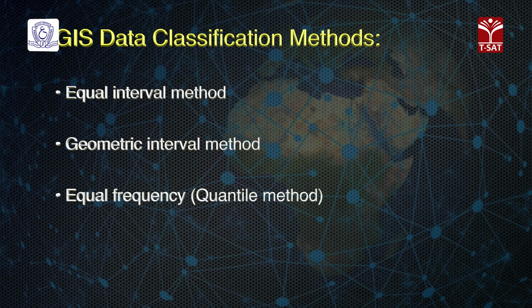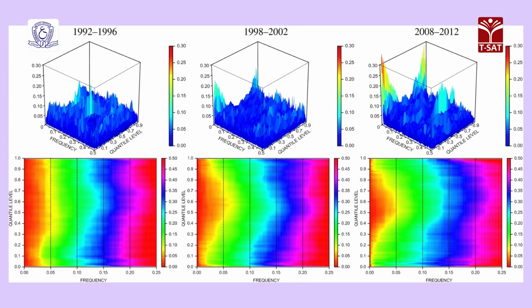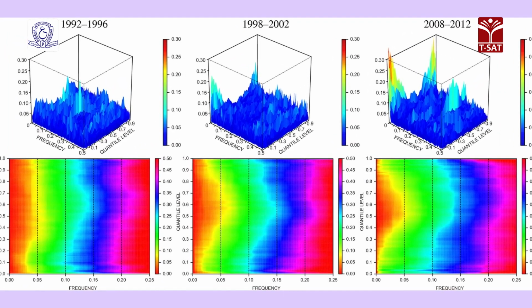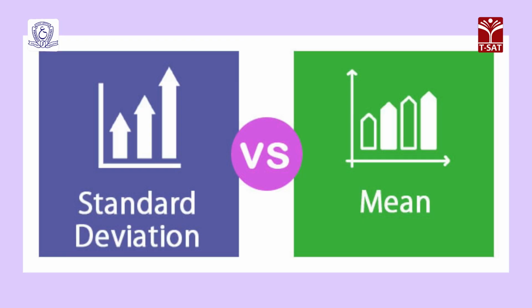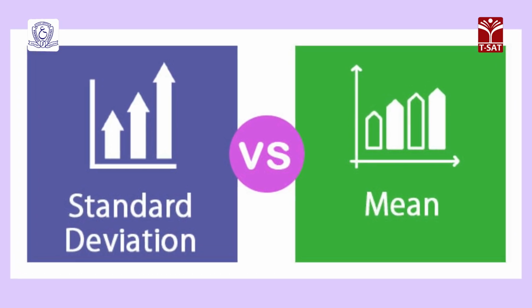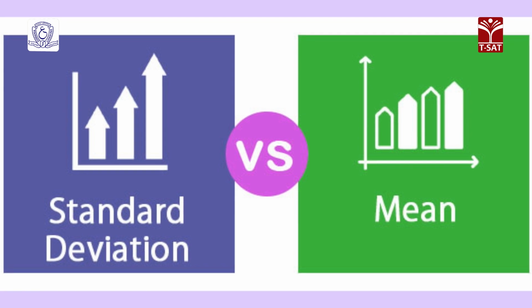Equal frequency, also called the quantile method, divides the total number of data values by the number of classes and ensures that each class contains the same number of data values. Mean and standard deviation method sets the class breaks at units of standard deviation above or below the mean.